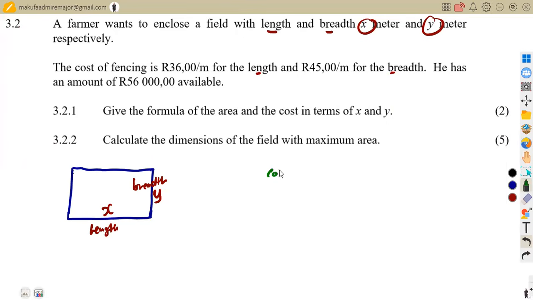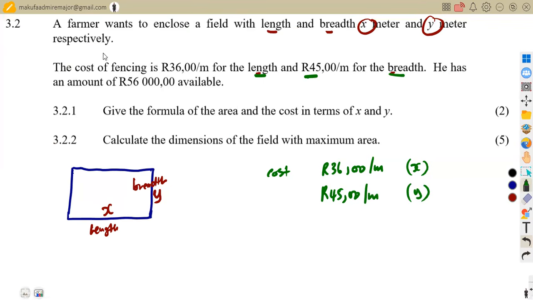For the cost, it is going to be 36 Rand per meter in this case, whereby we are talking about length, and length is referred by X. So this is going to affect X. The same cost, we are going to have 45 Rand per meter, this affecting the breadth, and our breadth in this case is represented by Y.